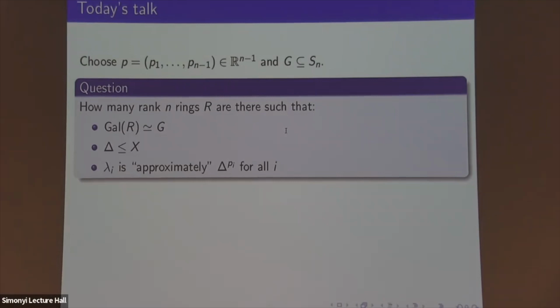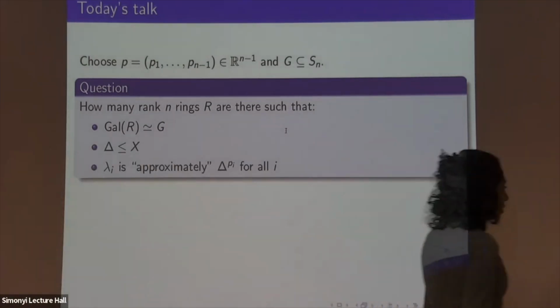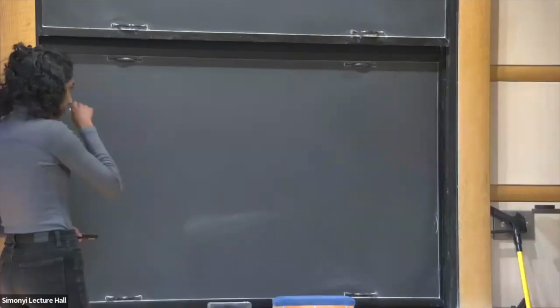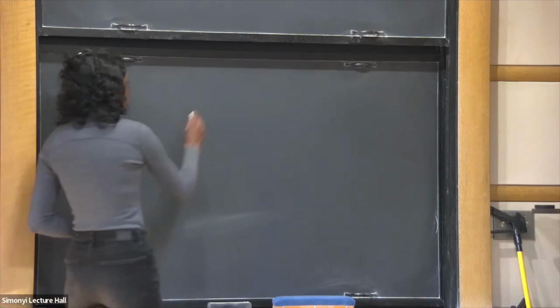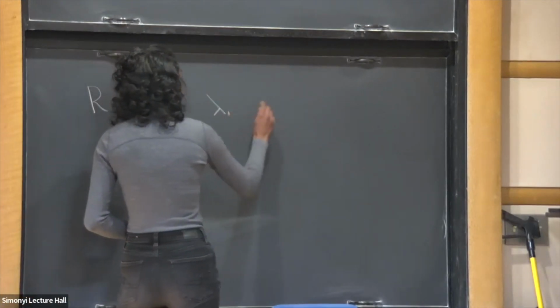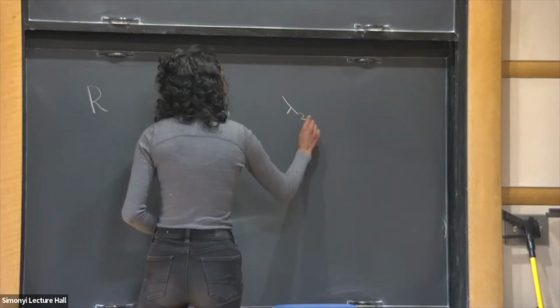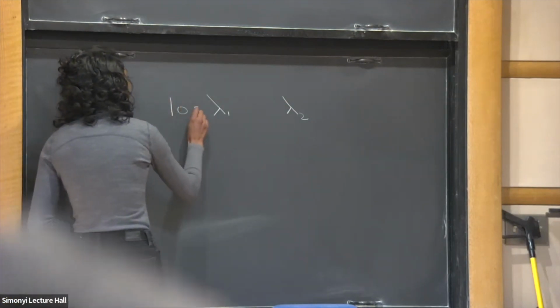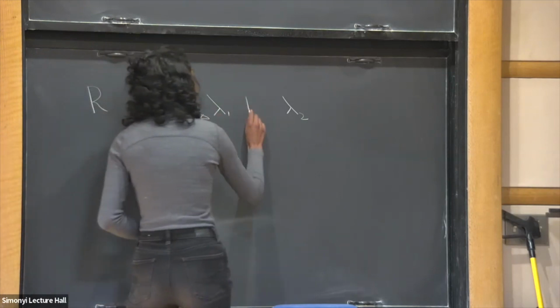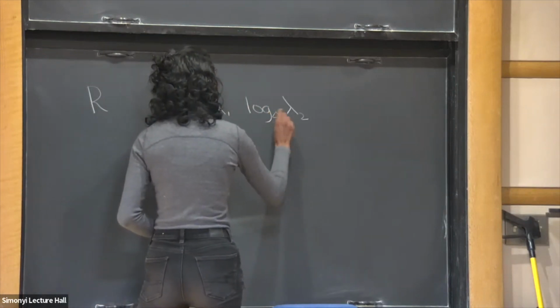So let me write down a different way of thinking about this question for cubic rings that will motivate the definitions to come. If we have a cubic ring R, we have two numbers associated to it, lambda 1 of R and lambda 2 of R. And it turns out that it's pretty natural to take a log of both of these successive minima with respect to the discriminant.